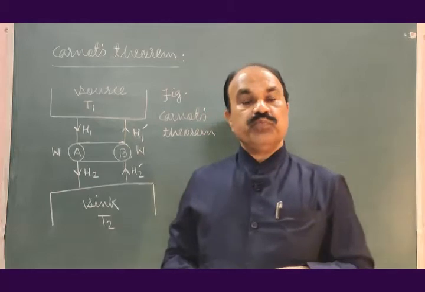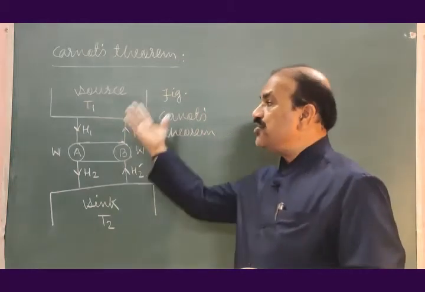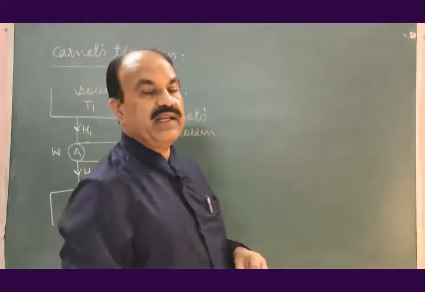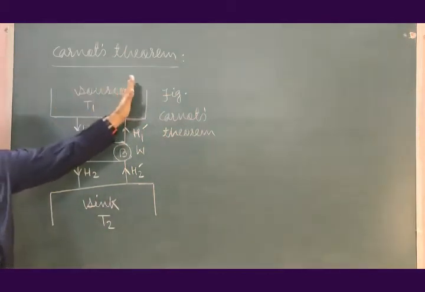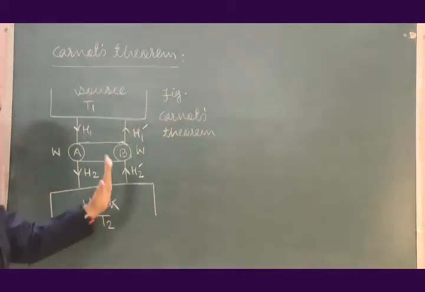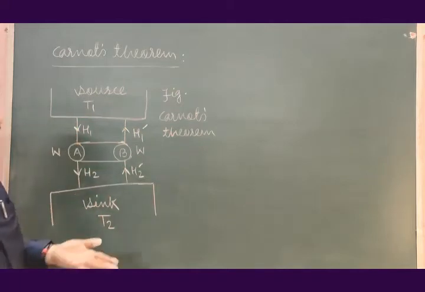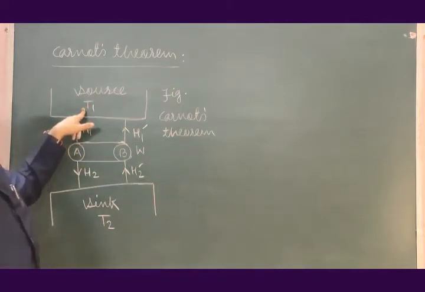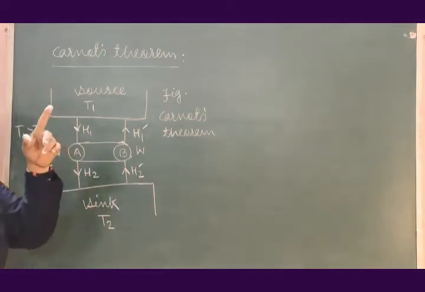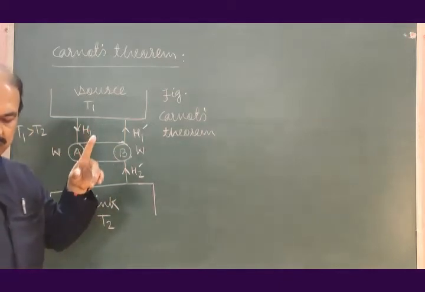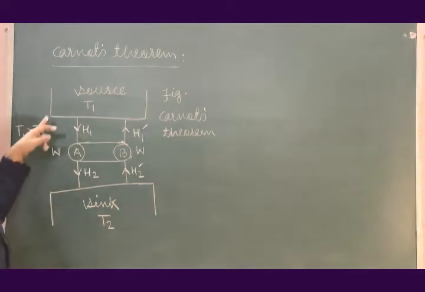We want to prove this statement using this figure. Let us see what this figure is. This is the source, this is the sink. Obviously, the source will be at higher temperature T1, and the sink will always be at lower temperature T2.